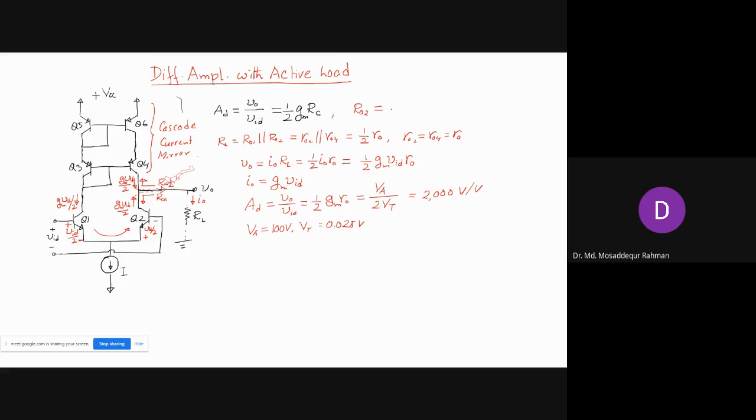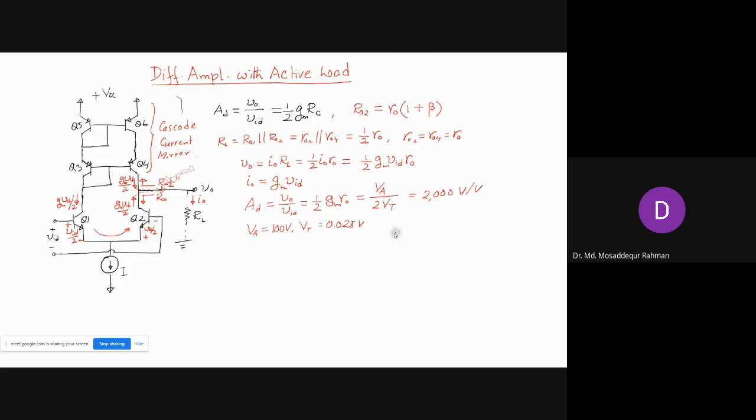In the last class I showed this, no? We have discussed this multiple times. The output resistance for the cascode current mirror, the final result, will be R naught times 1 plus beta, assuming the output resistance is just R naught for all the transistors for the sake of convenience.